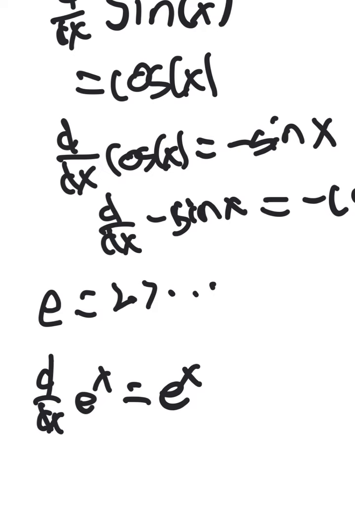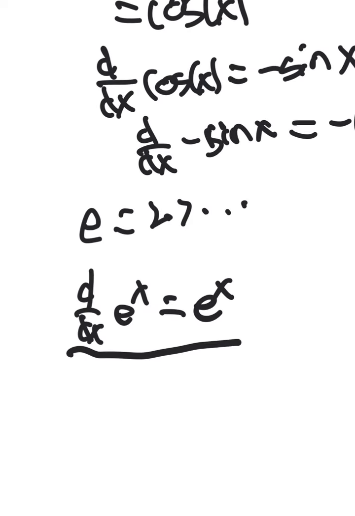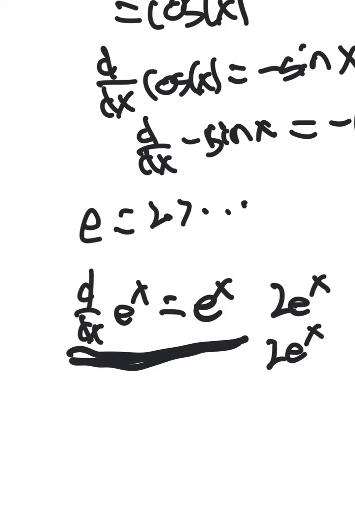It equals itself. So that's really important for some things where the derivative is proportional to itself, but we'll get to that more in Unit 7. So this is an important derivative. It'll come up a lot. And then the same rules, if it's multiplied by a constant, then you just take the derivative of e to the x and then times the constant. So if you have 2e to the x, derivative is still just 2e to the x.